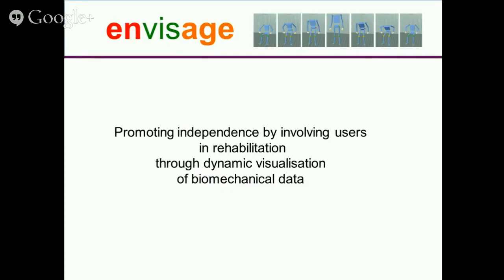So the full title was Promoting Independence by Involving Users in Rehabilitation through Dynamic Visualization of Biomechanical Data.